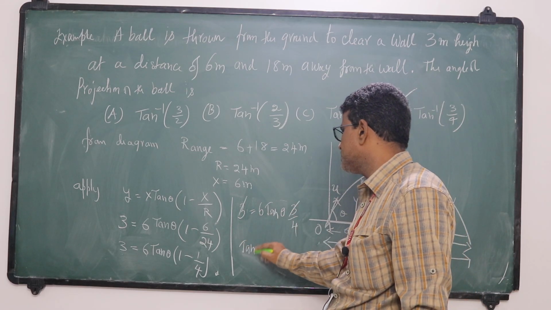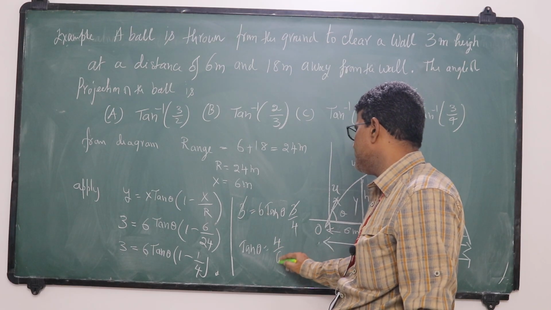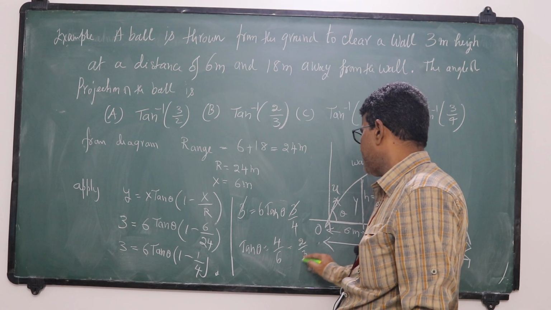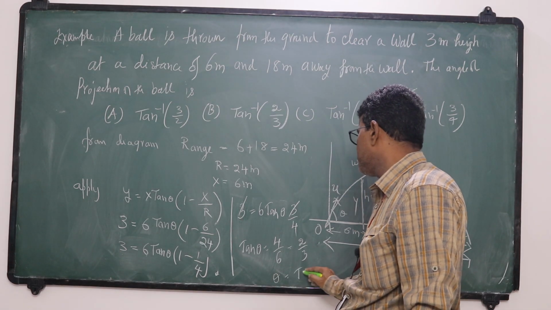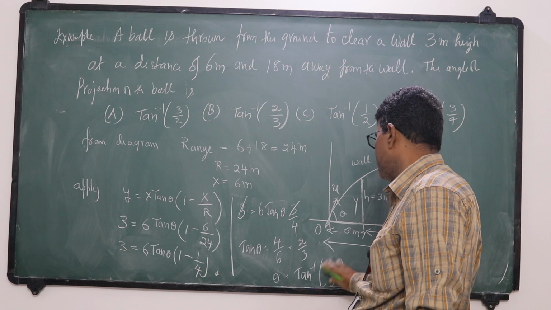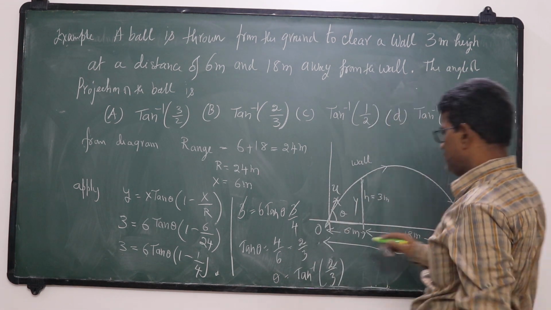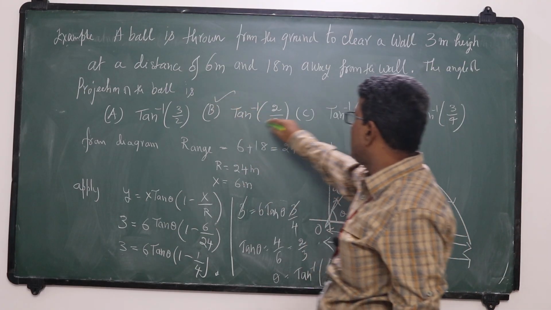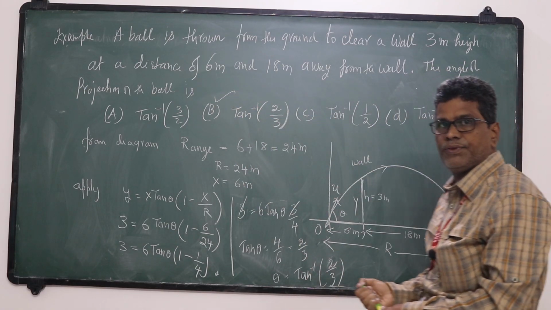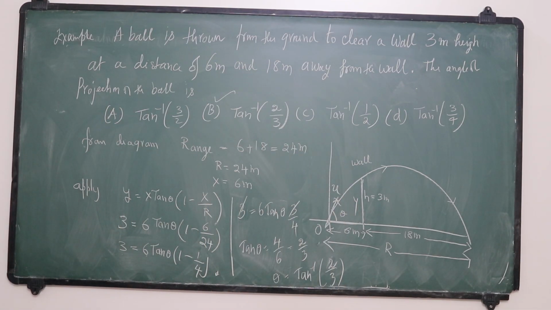So tan theta is equal to 4 by 6, and 4 by 6 is 2 by 3. So theta is equal to tan inverse 2 by 3. So this is the right answer, not the earlier one. Okay, take this one. Next.